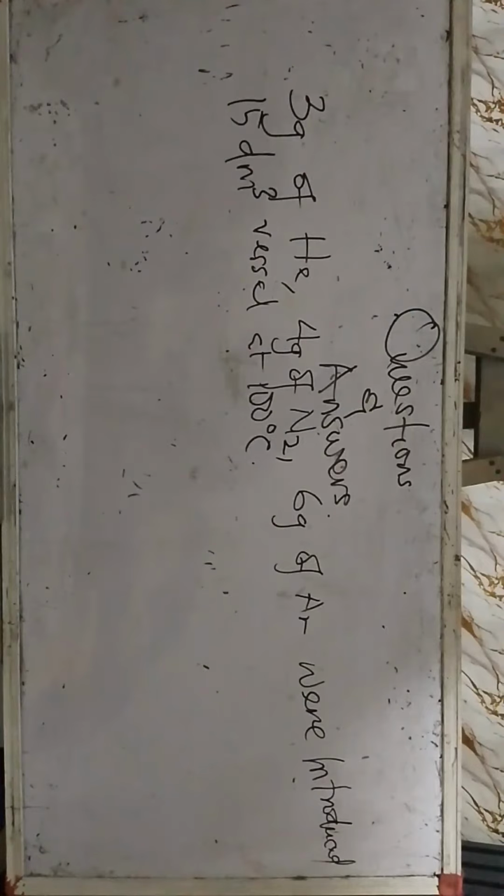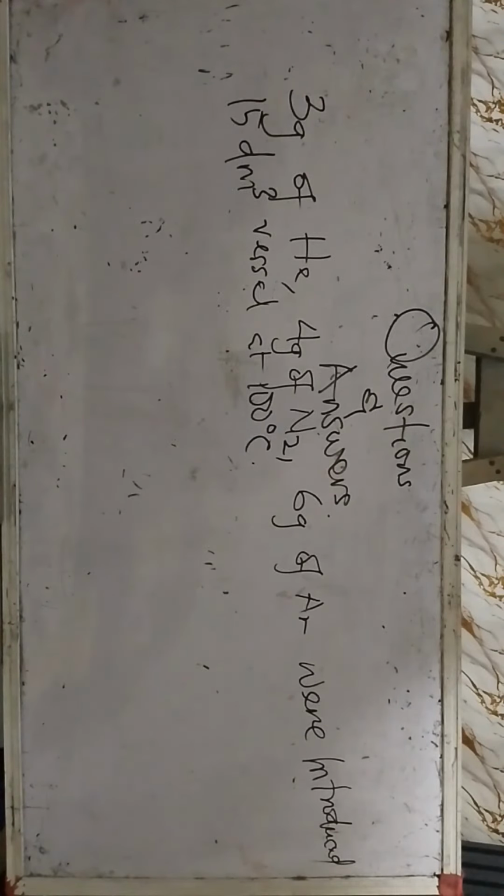The questions are: what are the mole fractions of helium, nitrogen, and argon in the system? And the second question is, calculate the total pressure of the system and hence the partial pressure of each of the gases. So, can we solve that on our own?